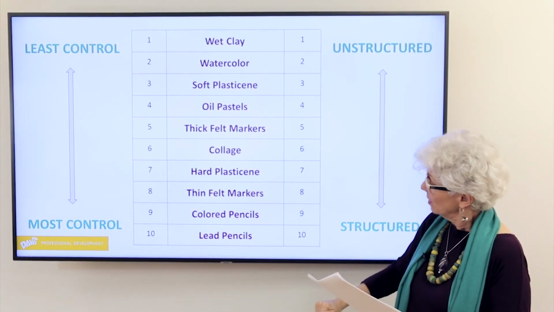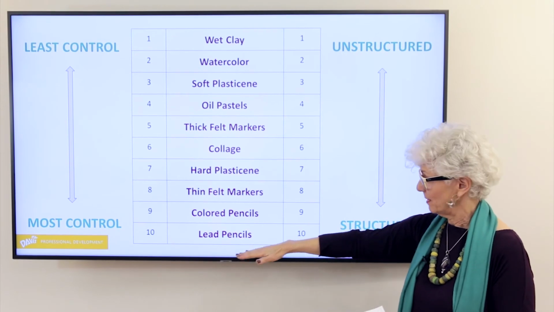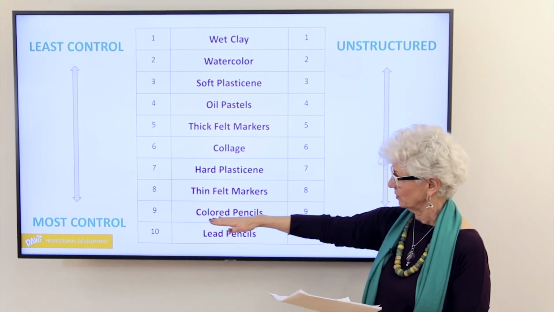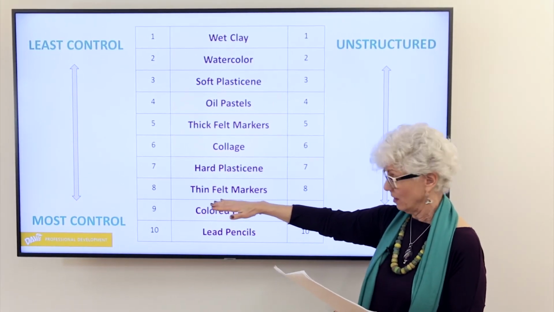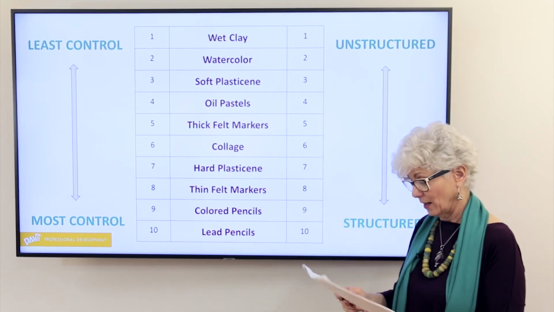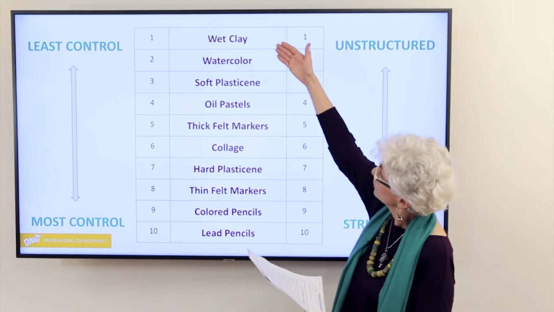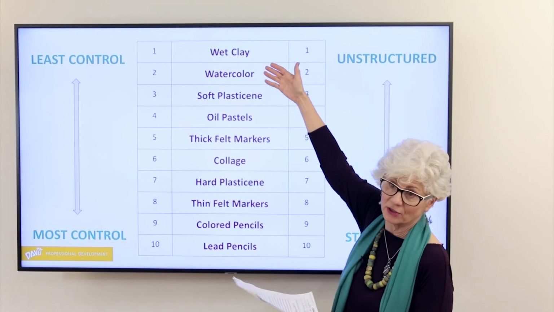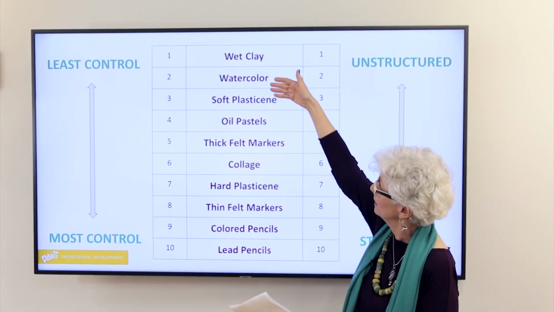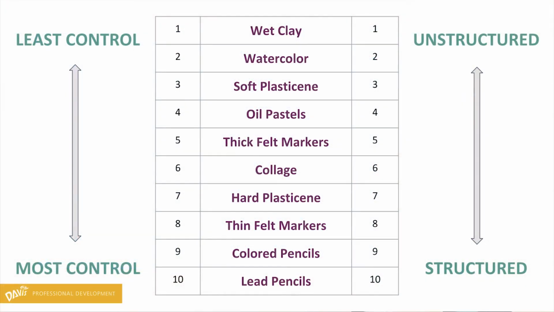For example, a more controlled medium might be offering lead pencils, colored pencils, or even felt tip markers, while a more fluid, unstructured, less controlled material might be clay or watercolor. Media can also include new forms and platforms like computer-generated art, software editing, web-based photo sharing, video production, and social media.